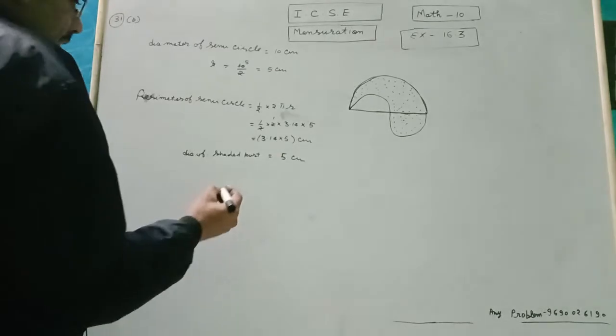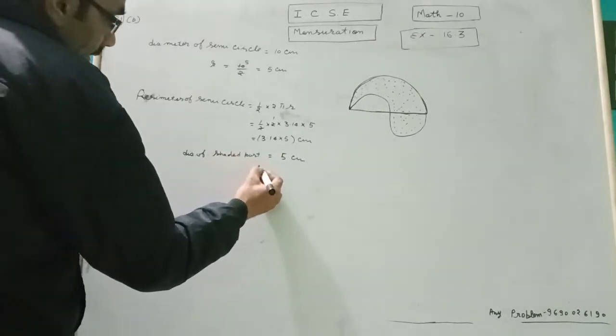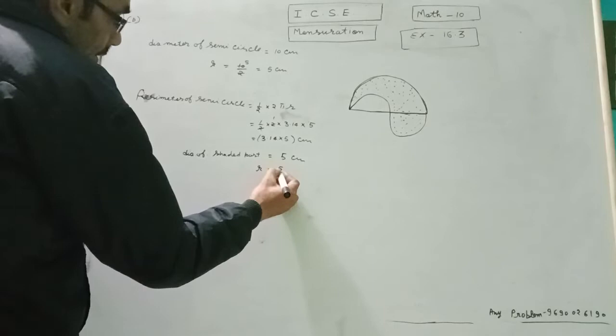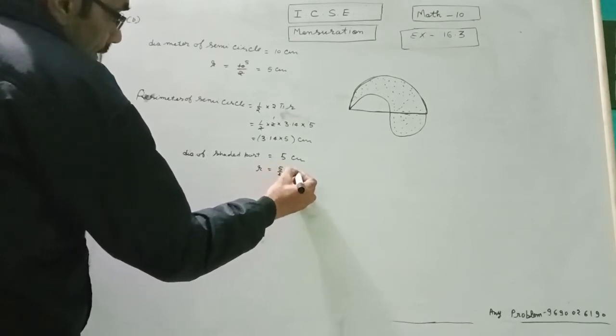At first the shaded part, then r is equal to 5 upon 2 cm.